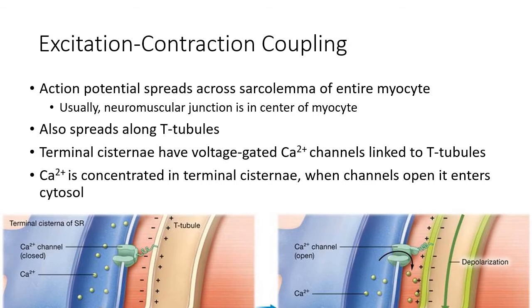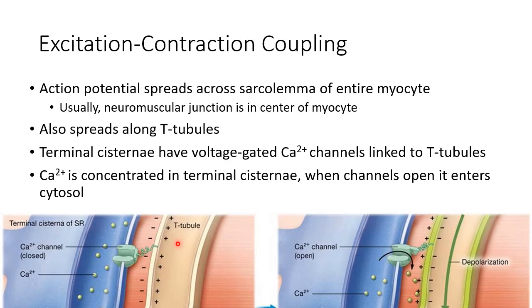So your action potential will be spreading across the entire sarcolemma of the muscle cell. It will also spread down into the T-tubules. They also have voltage-gated channels for sodium and potassium, so they can have action potentials.